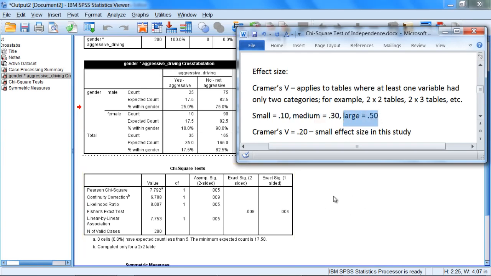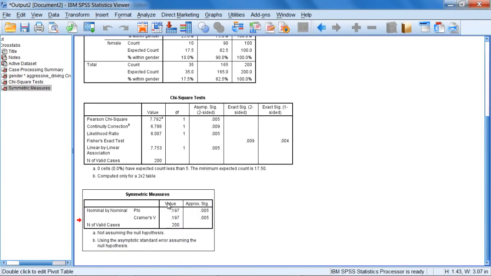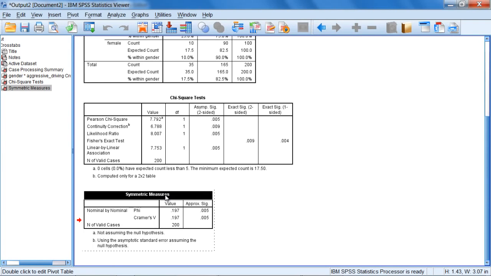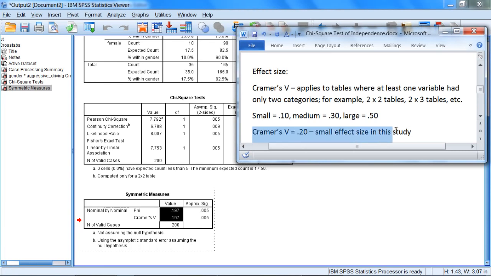And where we find these effect size standards are, if we go down to our last table, notice under the symmetric measures table, we have nominal by nominal, and these two are going to be the same thing. We can use either one. Whereas our effect size is 0.197. So if we round that to 2 decimal places, that will give us 0.2 or 0.20, which is what we have reported right here.